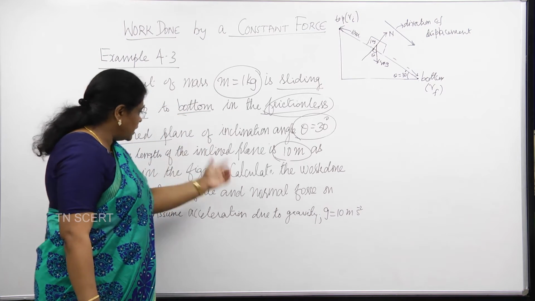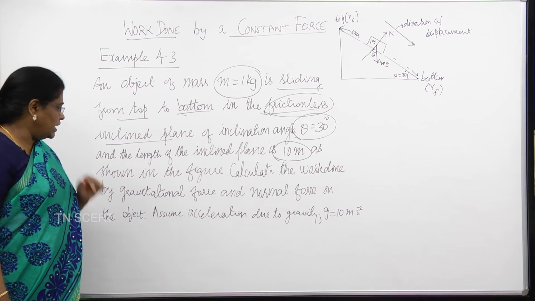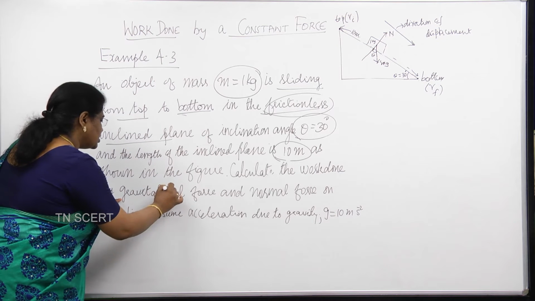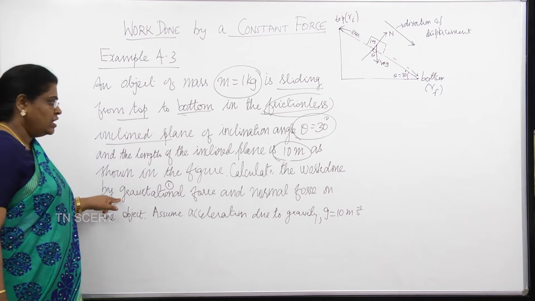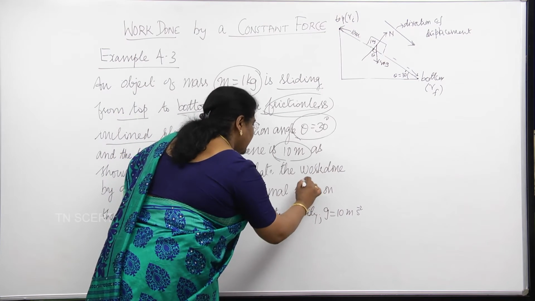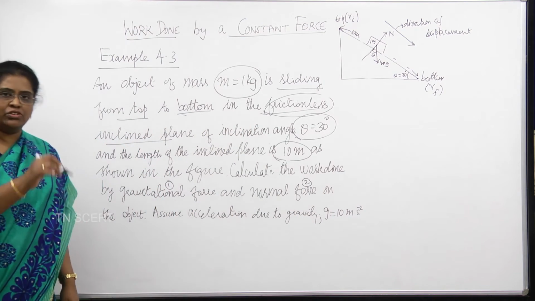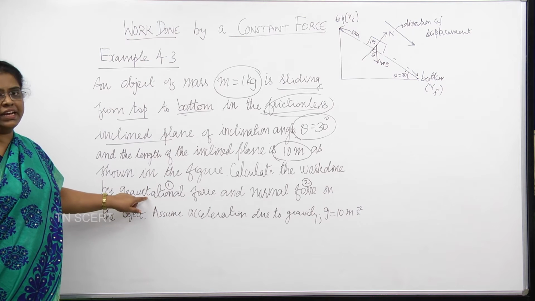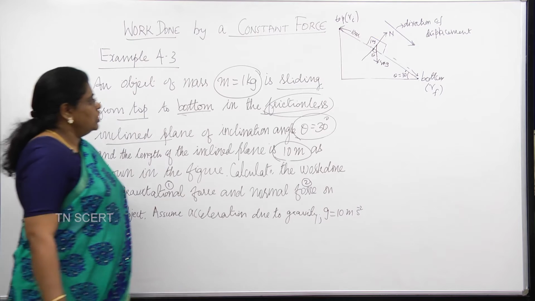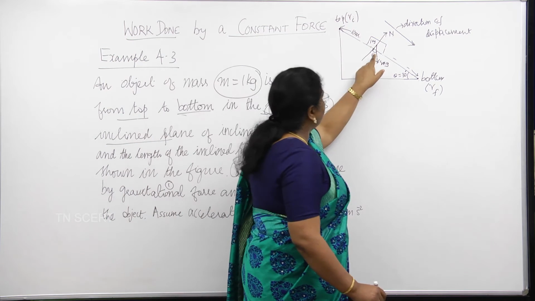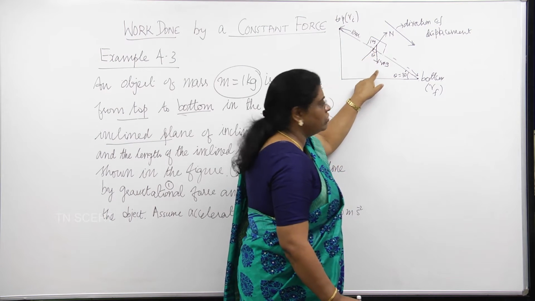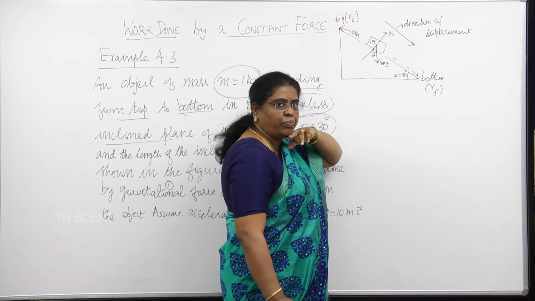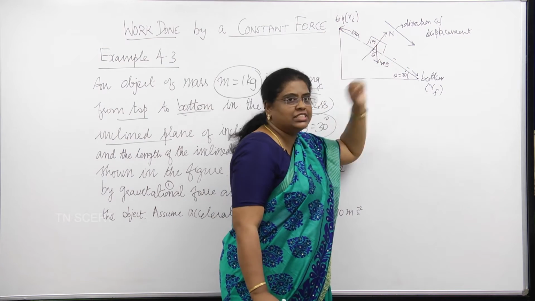But now what is asked, carefully see: work done by gravitational force, that is the first question. And then the work done by the normal force, which is the second question. So, first let us take work done by the gravitational force. Gravitational force is acting downwards, but the motion is in this direction.